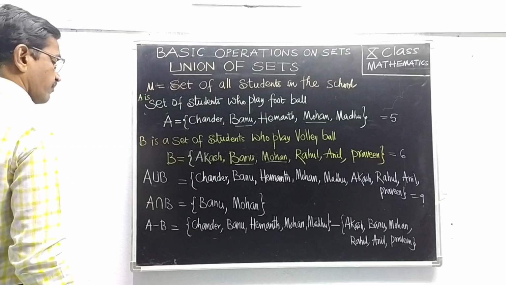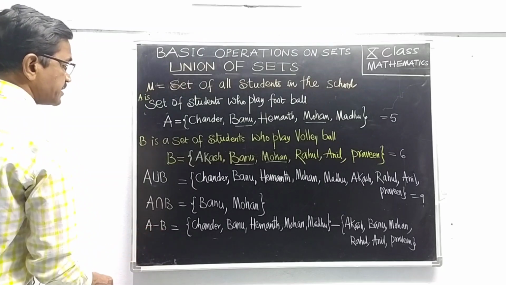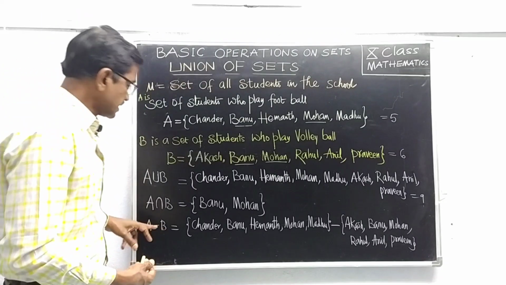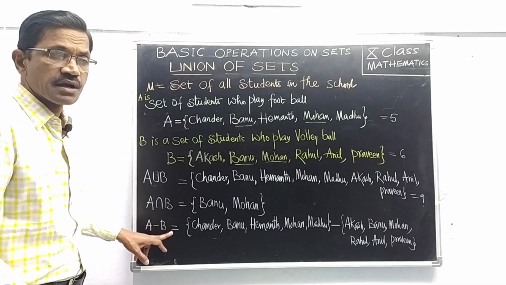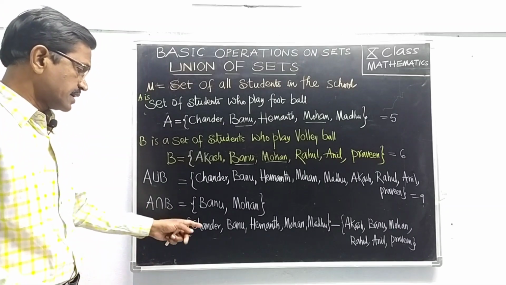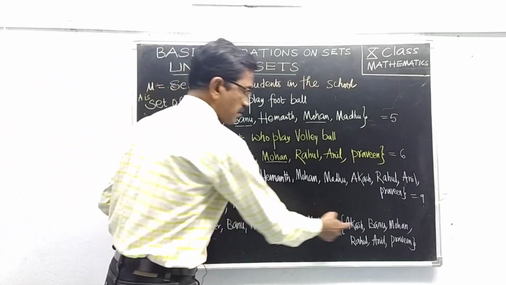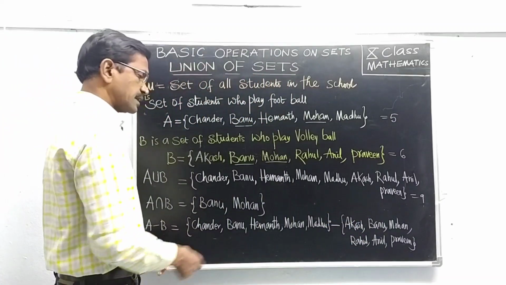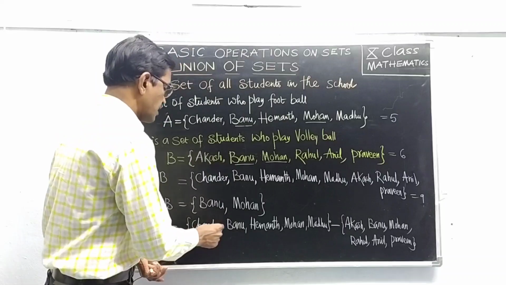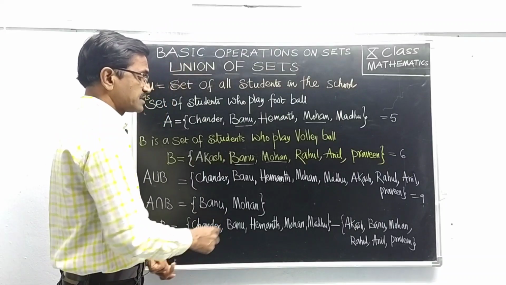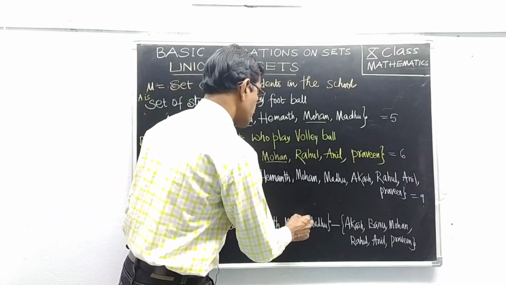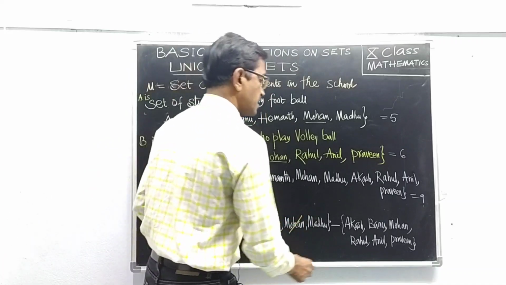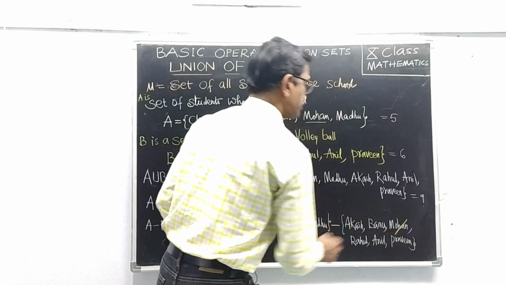Here A minus B is a new set, the set which contains only the elements in A but not in B. Here Chandar is in A but not in team B. So first of all we have to strike out the common elements. Here Mohan exists in the first team and also in the second team.